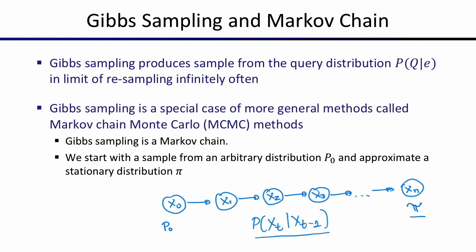So we can start with this probability here, P0, that can be very different from the final probability here. But if we choose the correct transition probabilities, we can get into the stationary probability pi that we want. And that is exactly what the Gibbs sampling does.